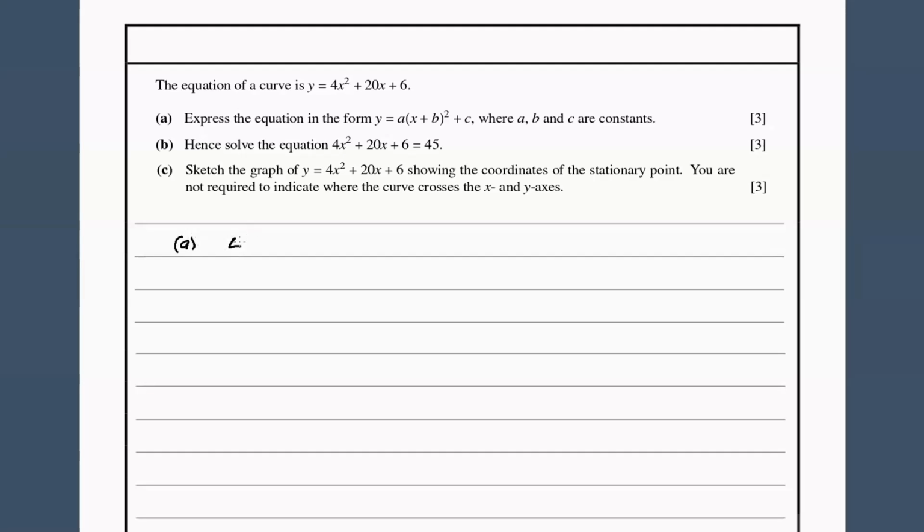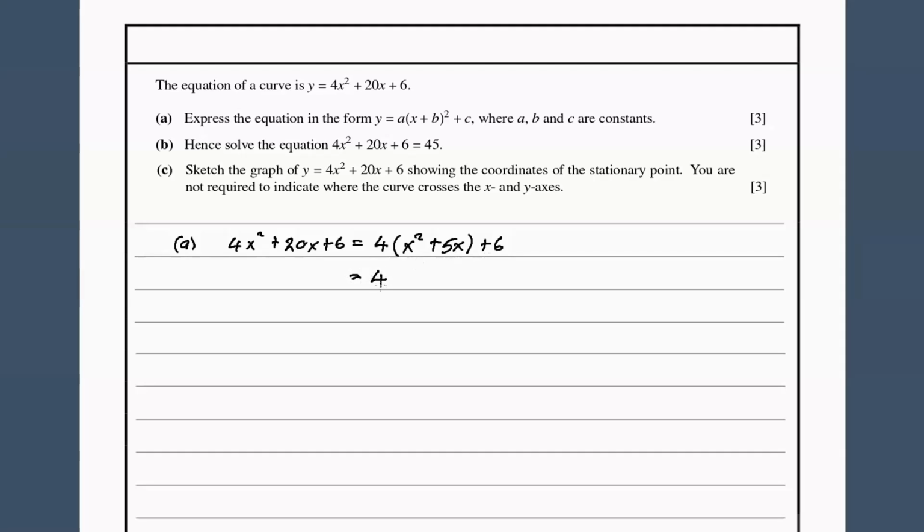We have 4x squared plus 20x plus 6. If we complete the square as they want it to be, it will be 4 of x squared plus 5x, close bracket, and the plus 6 is outside.